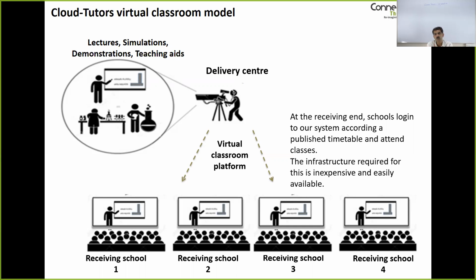And the important thing to realize is that these are interactive as well. Any child in any of the receiving schools may raise his hand and ask a question during the lecture. So it is live, it is interactive, and it is highly experiential. So this is the manner in which we use our virtual classroom to deliver live classes right into your classroom.